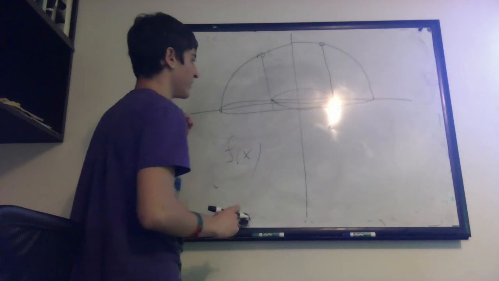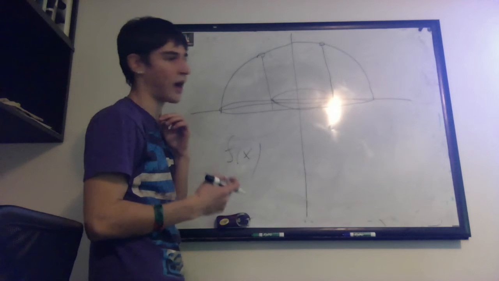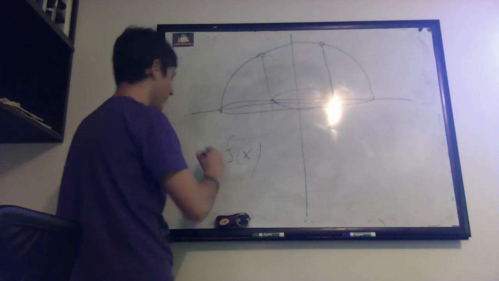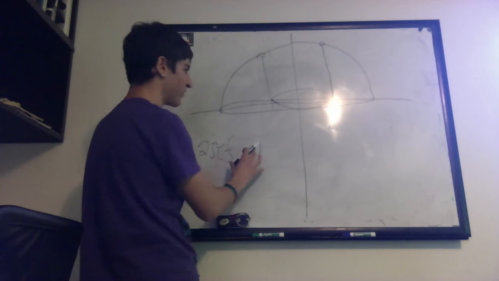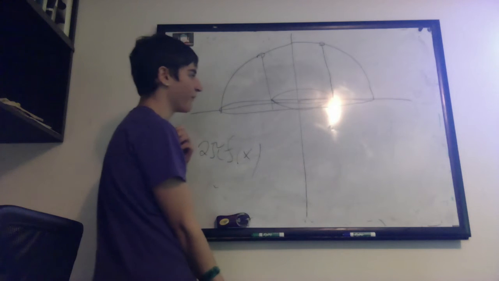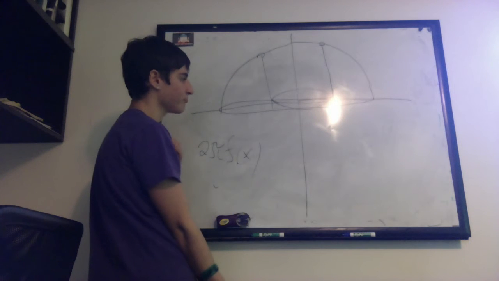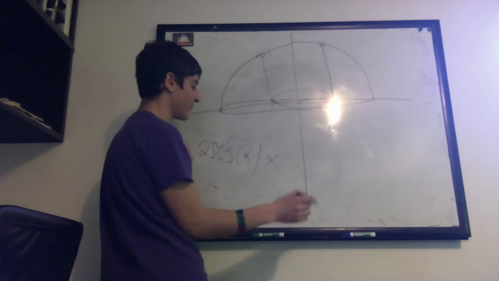The perimeter of a circle is 2 pi times the radius. So it's 2 pi times f of x, and what's the radius? The radius is the distance from the rotation axis. In this case, it's just x.